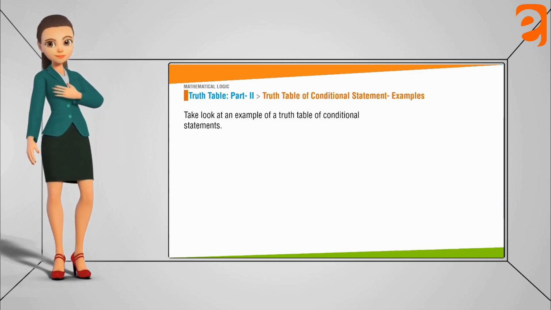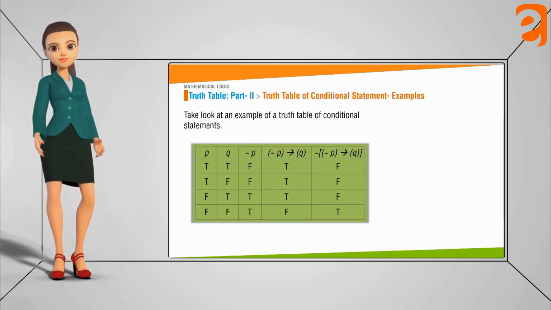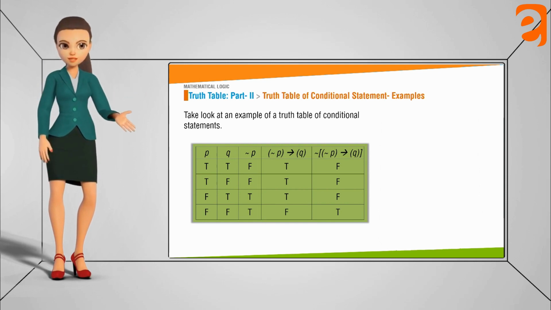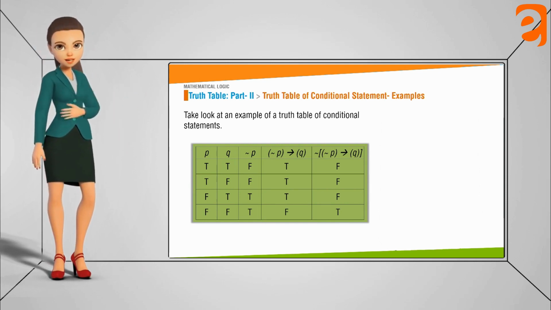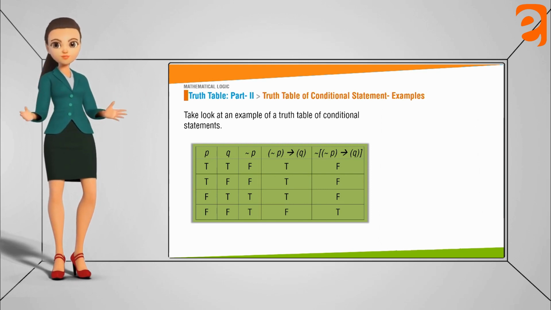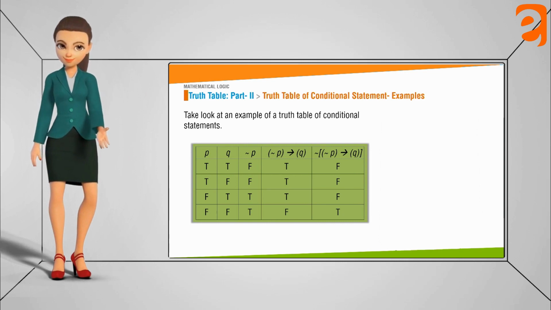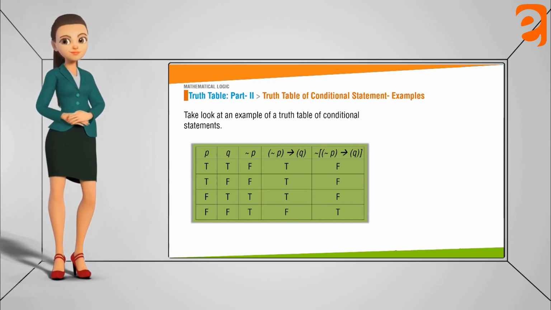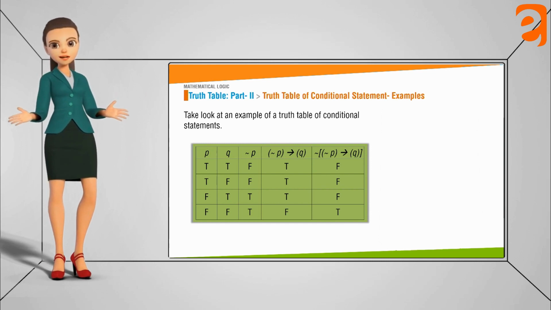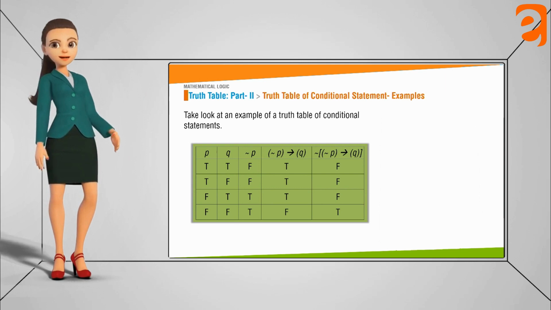So let us consider an example for the truth value of the conditional statement. Look at this example. Here you have different values for P and Q, true and false values. Since P has the truth values T, T, F, F, minus P, the negation of P, has the truth values F, F, T, T. So let's find the truth value for minus P implies Q. Just remember the rule.